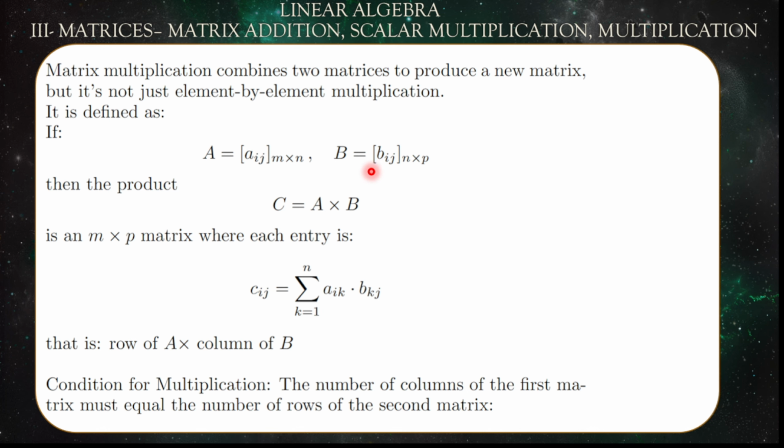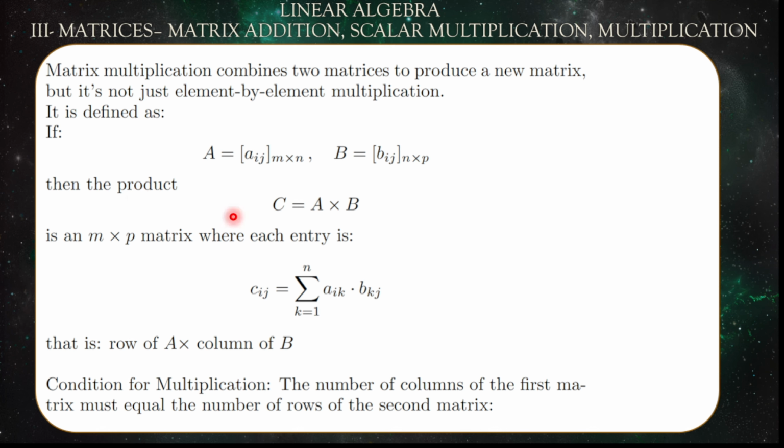B being a matrix, also the same thing, so it has a set of values, each one located on a specific row indexed by i and a specific column indexed by j, and having n rows and p columns. Okay, so it is not necessarily of the same size as A.